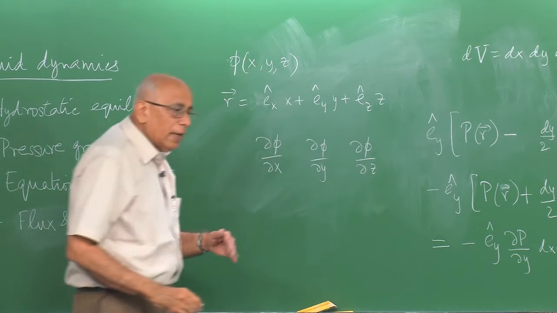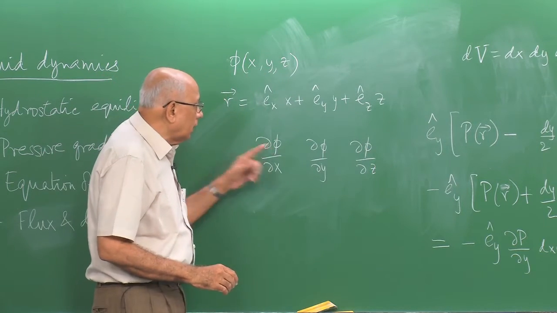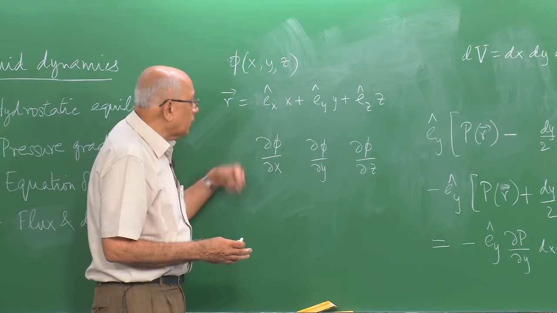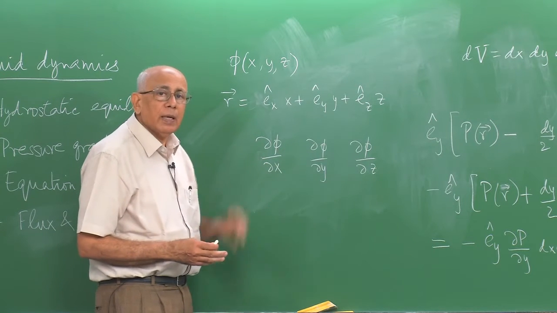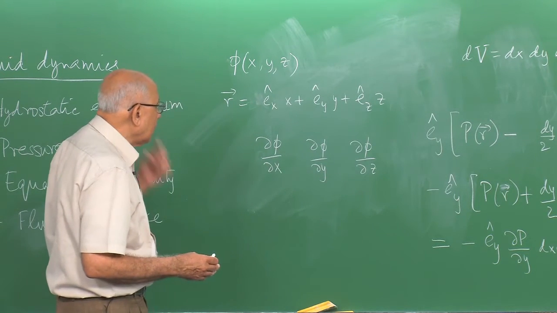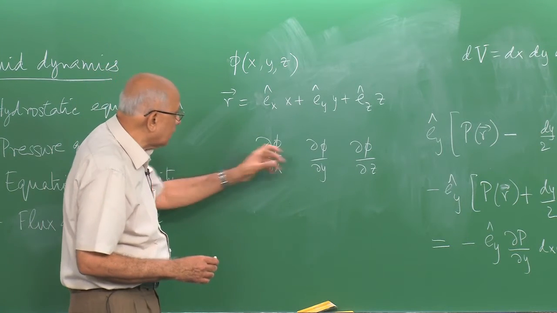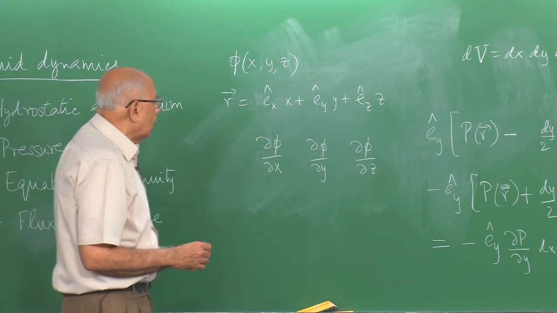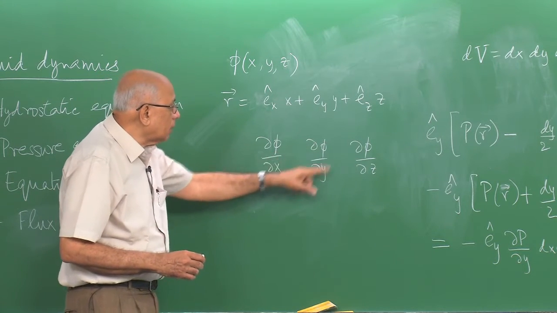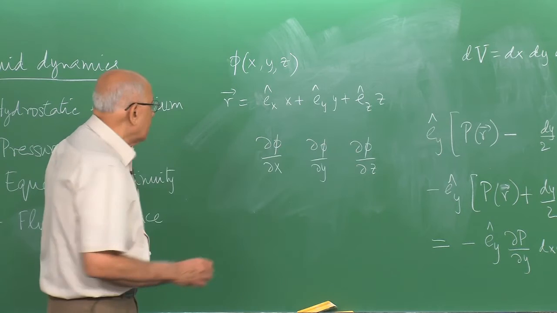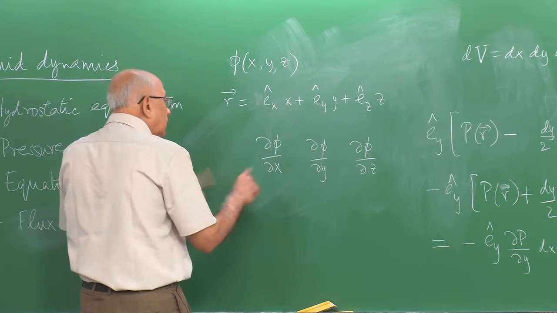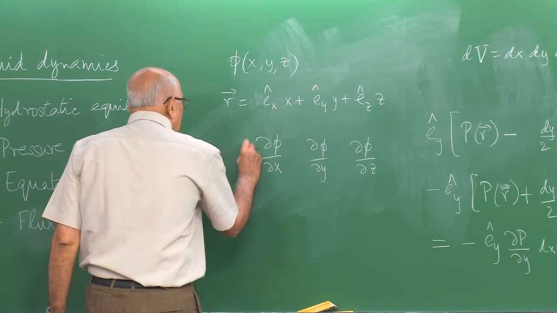So I can find the rate of change of this function at any point with respect to each of the 3 independent coordinates x, y and z, keeping the other 2 constant. So I move in the x direction by dx and find out how much it changes and so on, and I get this times dx, this times dy, that times dz, and I can construct a vector from this quantity which is defined in this fashion.